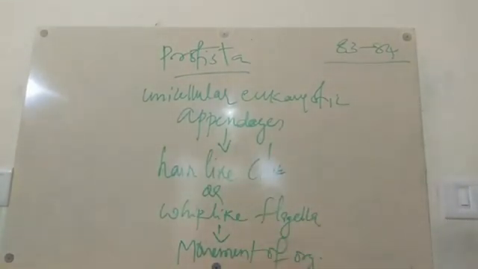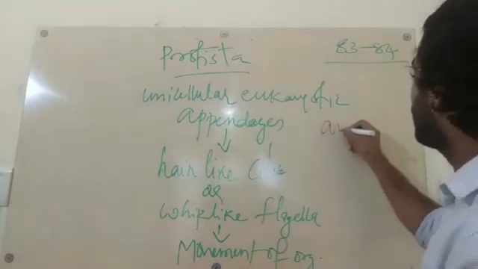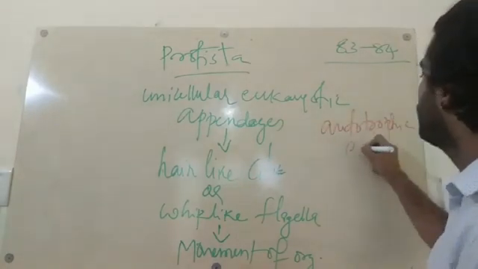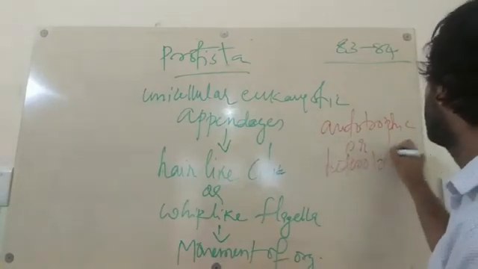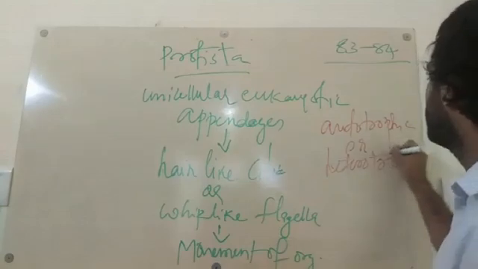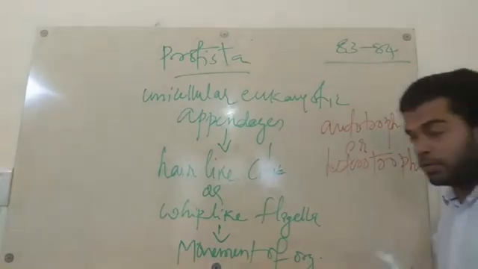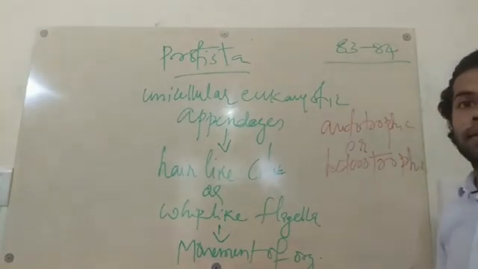And we want to say something about the nutrition. When we are talking about the nutrition, it may be autotrophic or heterotrophic. Autotrophic or heterotrophic. And the examples are unicellular algae, that is diatoms, and protozoans.